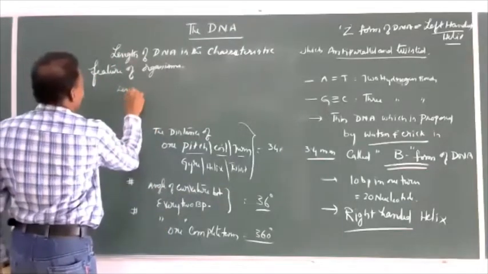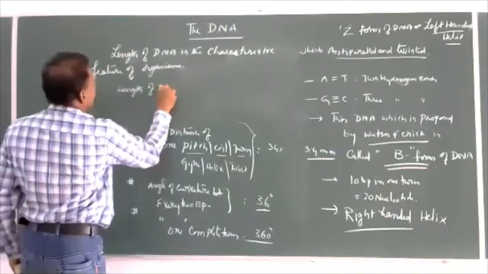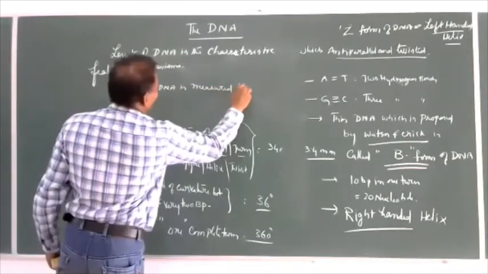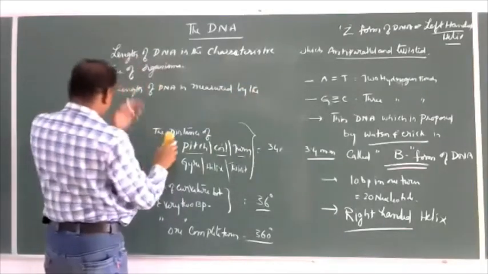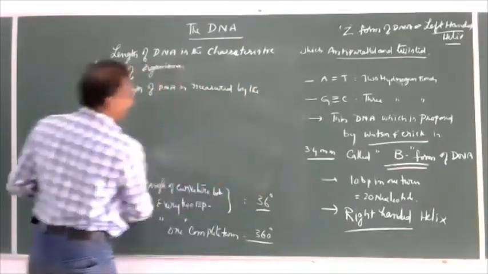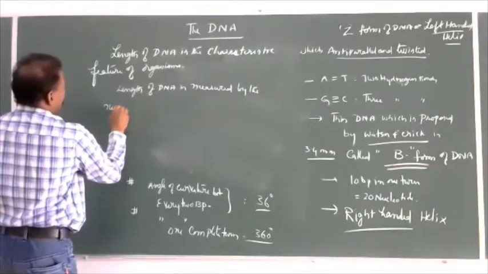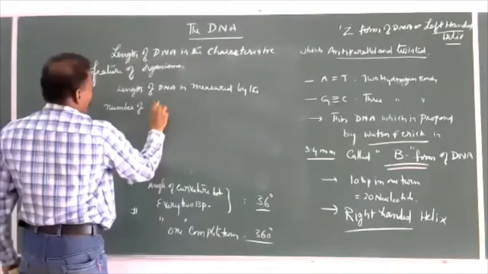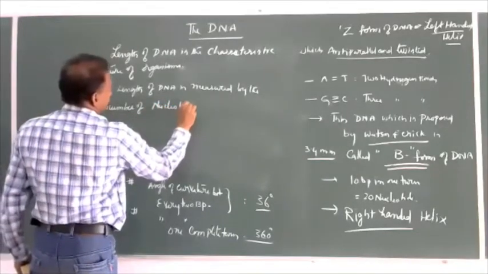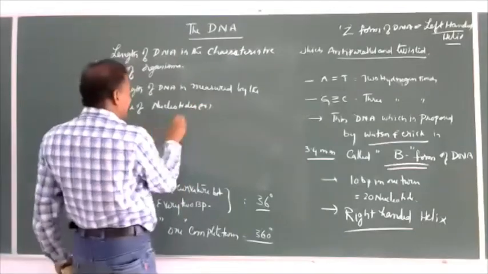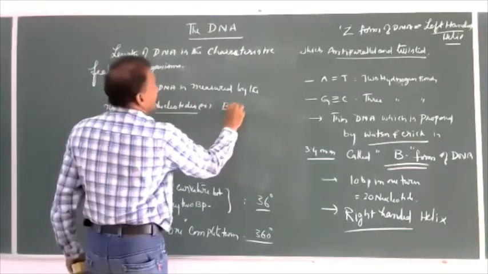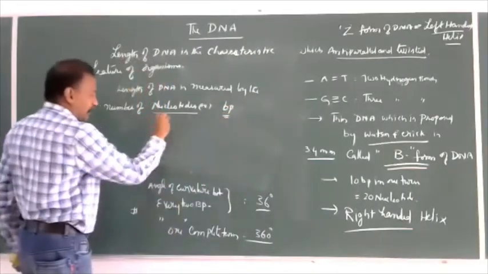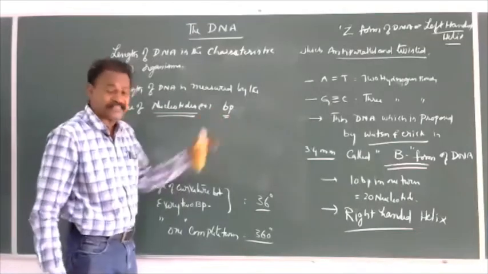Length of DNA is measured by the number of nucleotides, or the nucleotides are present in the form of base pairs.